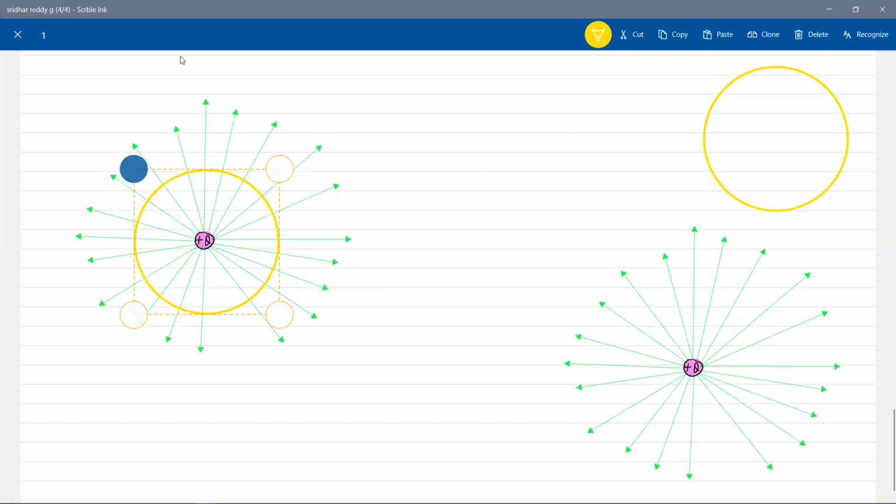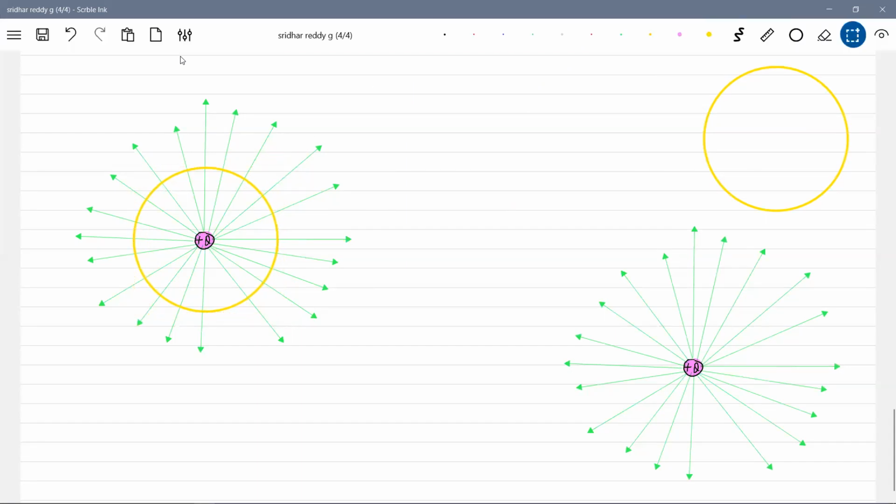So this is a Gaussian surface, like a spherical shell. Is it okay? I'll keep the point charge exactly at the center of the spherical surface.